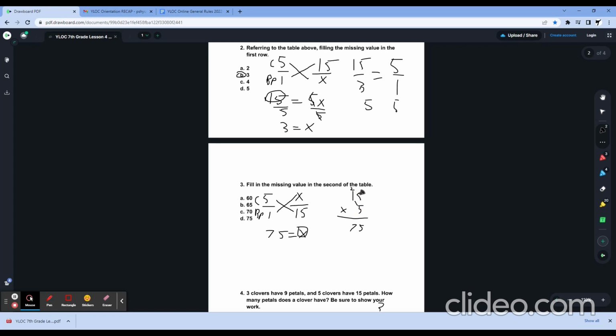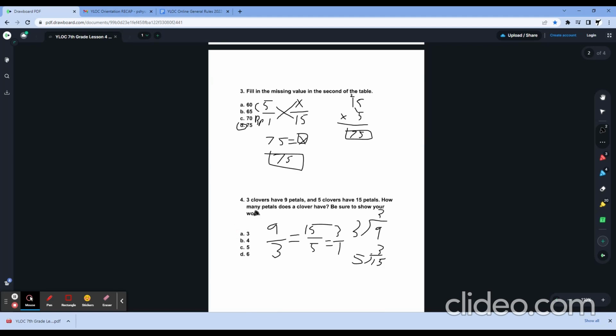So 5 times 1 plus the 2 we carried over from the last step will result in the value of 7. So 15 times 5 is going to be equal to 75. Because x does not have a leading coefficient, it's just 1x, no further simplifying needs to be done, and 75 just equals x. So 75 is the answer, D.